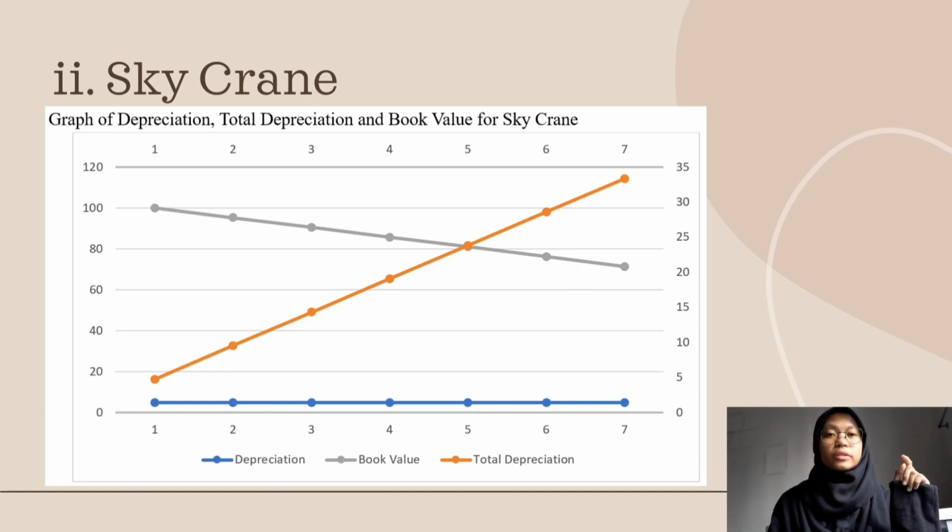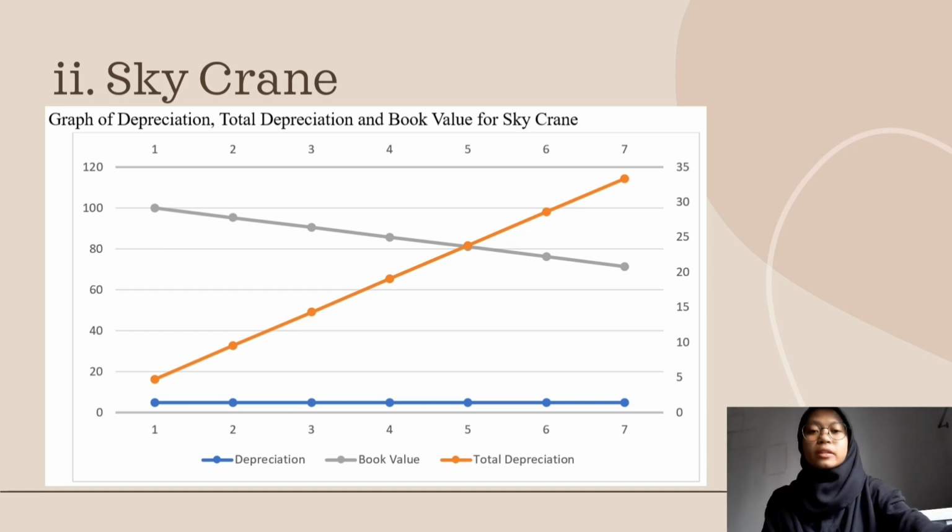It starts from 47,000 and adds up until 333,000 at year 7. For the book value, we have a decreasing gray line, and it started from 952,000 and ended up at 666,000.